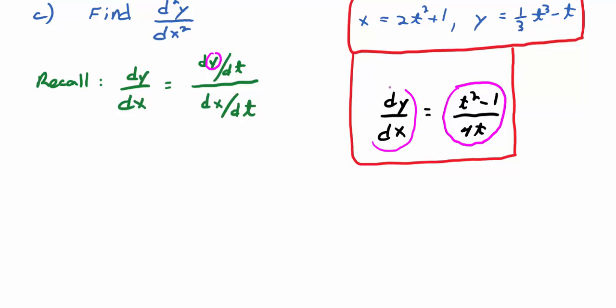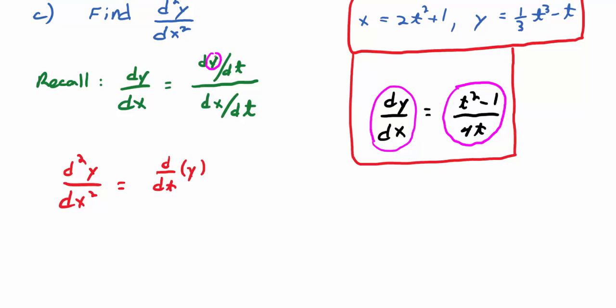So generically then, the second derivative, I'll put it in red here. This is a formula worth knowing. Generically, the second derivative of y with respect to x is going to equal d/dt of not y. That's what's on top in the first formula, right? dy/dt is the same as d/dt of y.